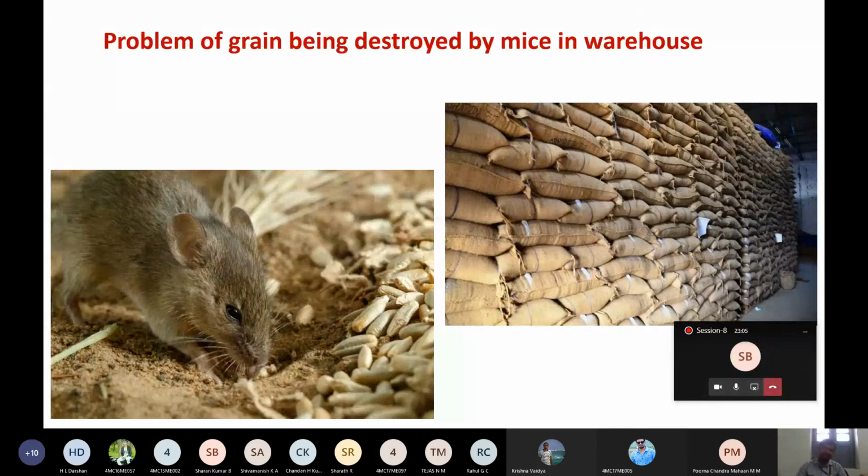A few animals and insects will eat them and destroy the grain stored in the warehouse. This is a problem of grain being destroyed by mice in a warehouse. In a warehouse, grains will be stored in gunny bags or plastic bags, one over the other.